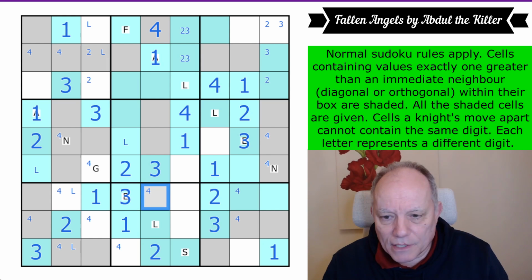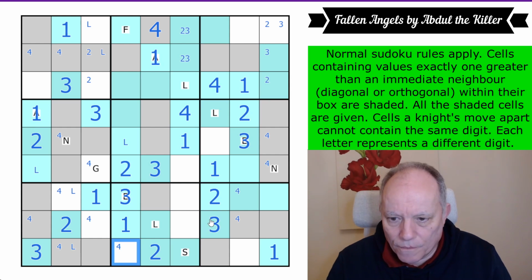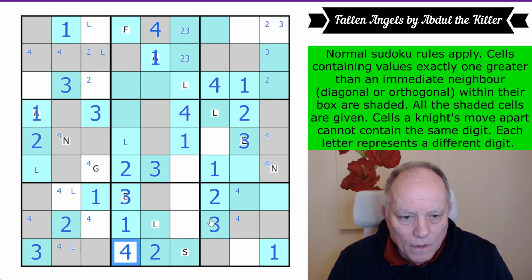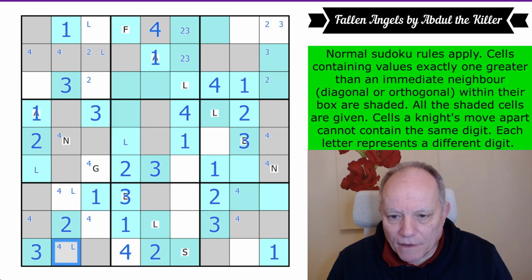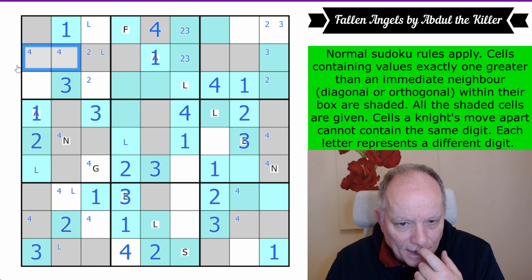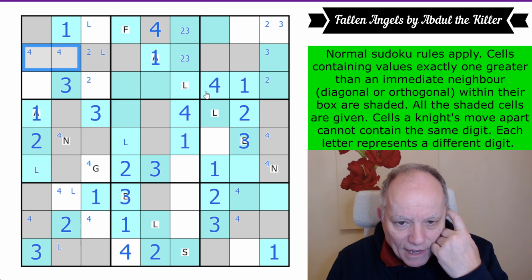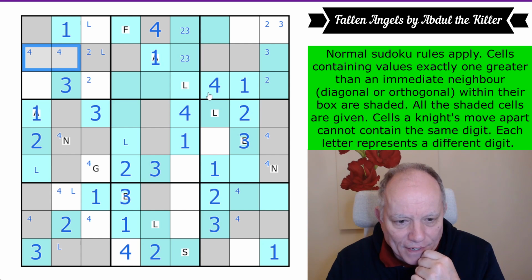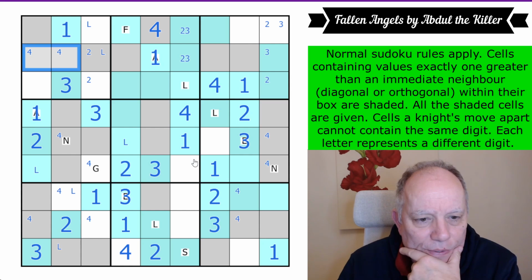And in fact, that's not 4. This is 4. That stops this being 4. Now, I'm sure I could make one of those be 4 by this method, and I'd better keep achieving that. Otherwise, I'm going to have to go back to that flashing method again, which I don't want to.